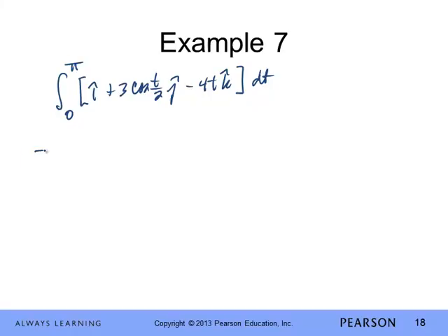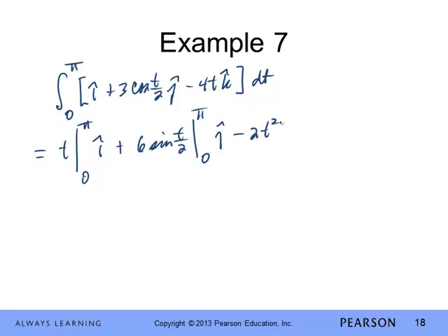So of course we know what to do, just integrate 1, which is t i hat, but we're going to evaluate t from 0 to pi, i hat plus, and then the antiderivative of 3 cosine t over 2, what is that antiderivative? All right, so that should be 6 sine of t over 2, evaluated from 0 to pi, j hat. And then minus 2t squared, evaluated from 0 to pi, k hat.